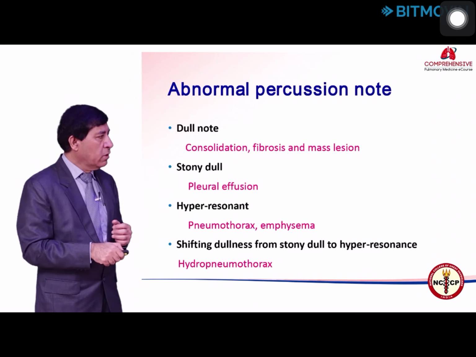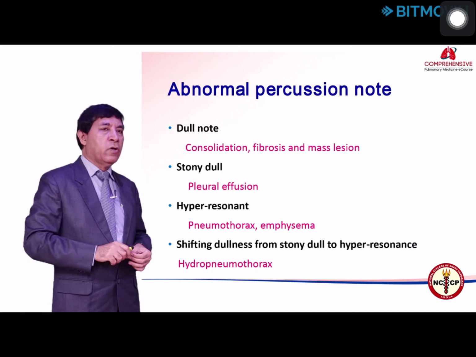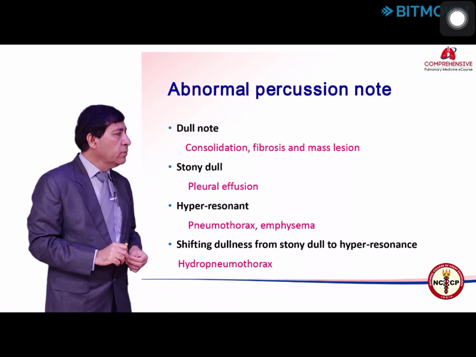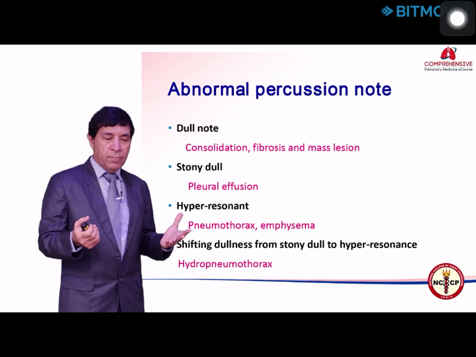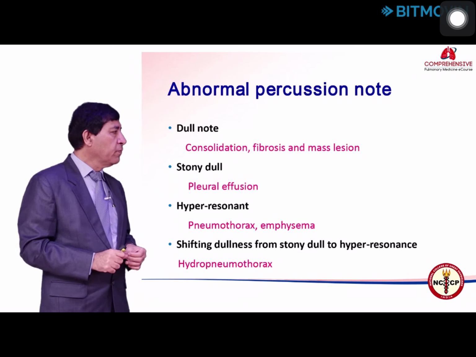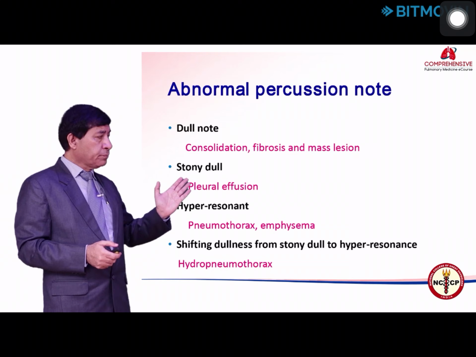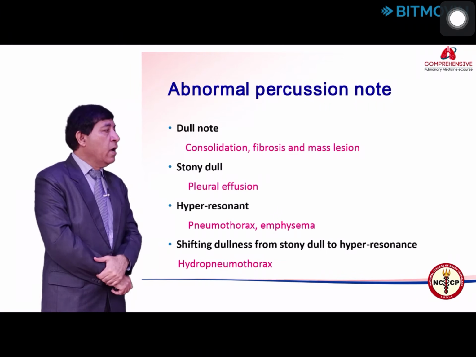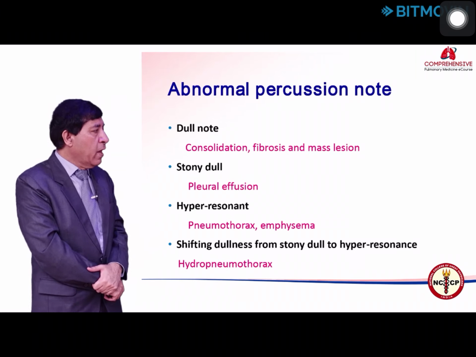In such a situation, you get a hyper-resonant note. You can also demonstrate a coin test in such a situation, and you also get the breathing pattern of amphoric breathing. So these are the different percussion notes which you can hear, and the differential diagnosis you can have.